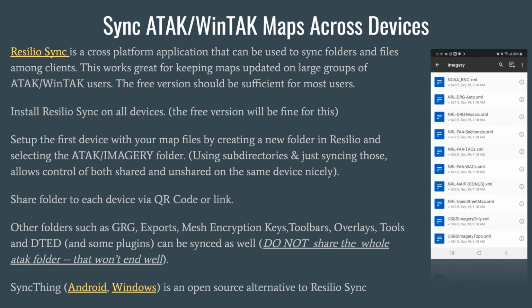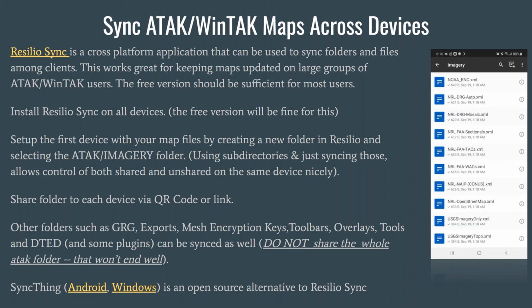Another thing, once you've got ATAK and you have a large amount of imagery, you can use tools such as the data sync tool, I want to say, that is inside of TAK server. If you do not have access to a TAK server, you can use something like Resilio Sync or SyncThing to sync large amounts of maps, just basically almost effortlessly between all of your groups of phones and your PCs potentially running OpenTak.